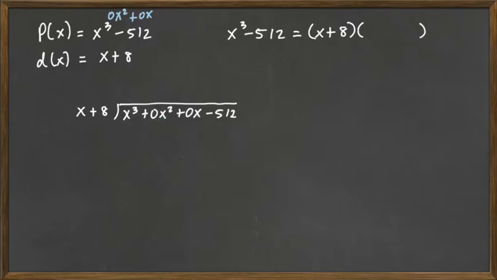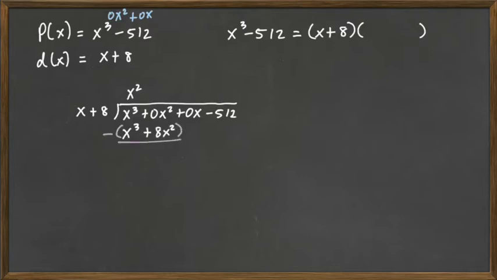Now we look at our leading terms and ask ourselves, what times x gives us x cubed, and of course that would be x squared. Then we multiply x squared times our divisor, and that goes right under here. So x squared times x is x cubed, and x squared times 8 gives us 8x squared.